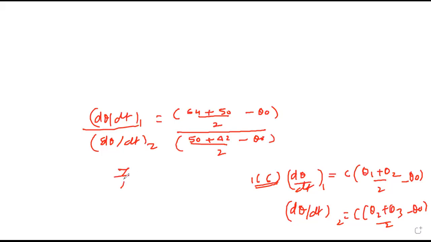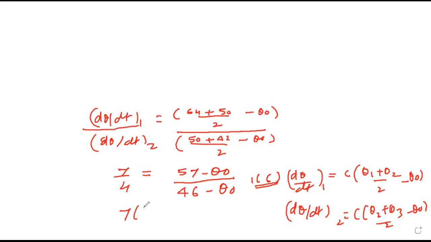This ratio we got 7 by 4. What is 64 plus 50? 114. 114 upon 2 is 57. Okay. 50 plus 42 is 92. 92 divided by 2 will become 46 minus theta 0.